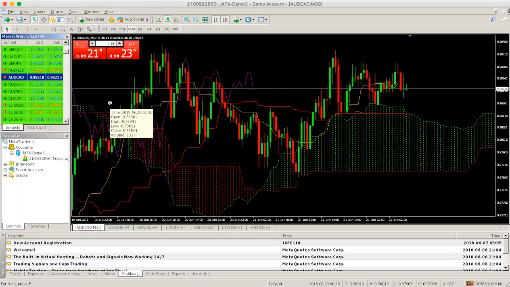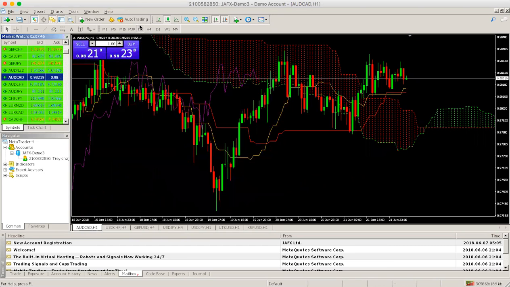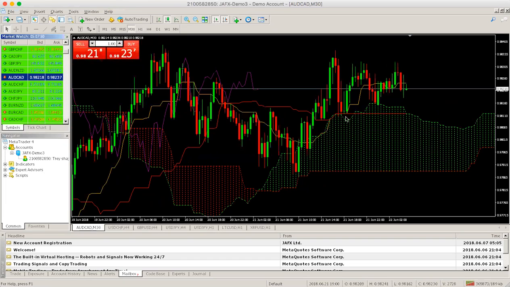Look at ICAD. ICAD could be a potential buy. We see a TK crossover right here above the cloud. See Chico span, of course we want it to point all the way up. But the most important thing, we want this minute and 30 Kijisen to point up after this TK crossover.